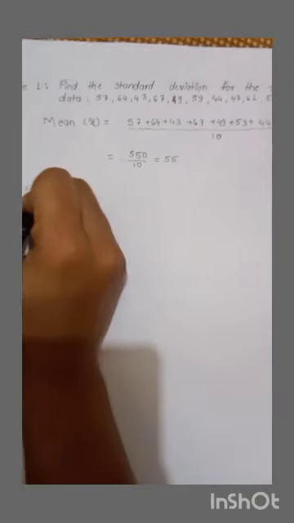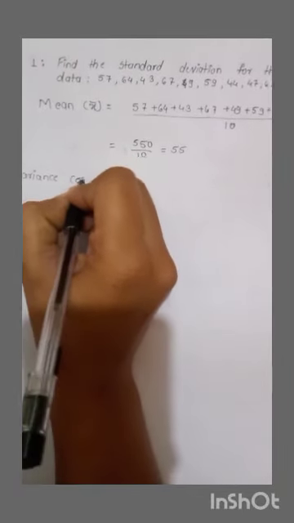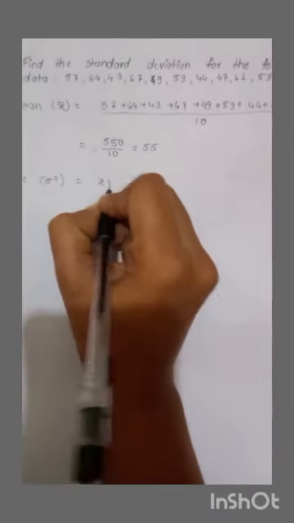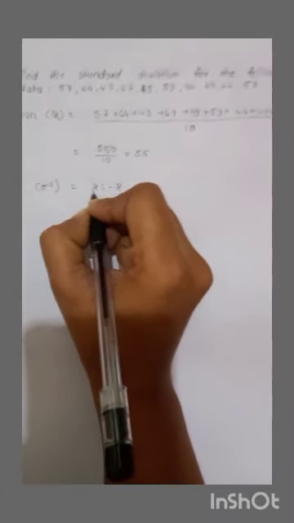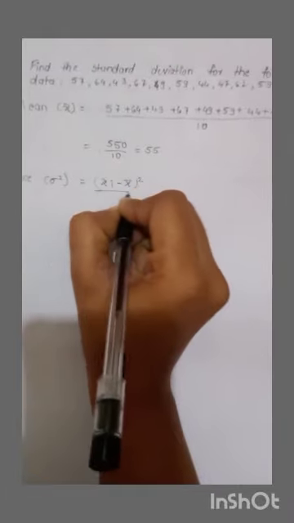So we get the mean x bar. Now we have to calculate the variance. Variance equals sigma square. So what is sigma square? The summation of (xi minus x bar) whole square divided by n equals sigma square. What is xi? The xi are the values 57, 64, and so on. These are the xi values, and we have calculated the mean x bar.